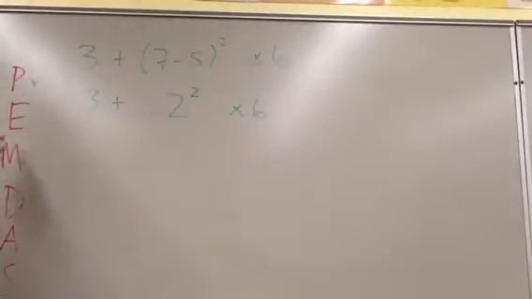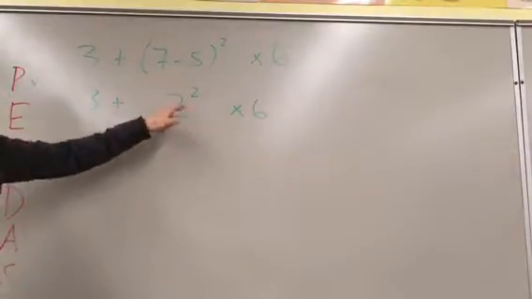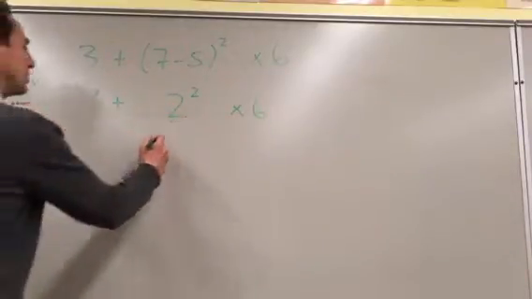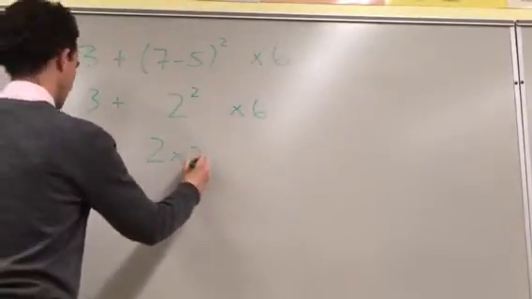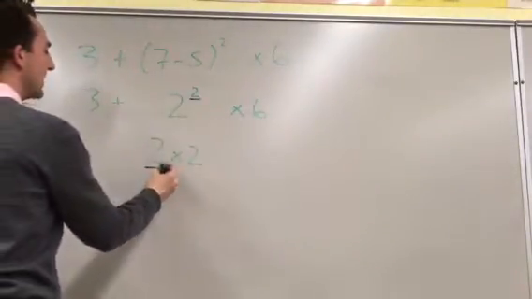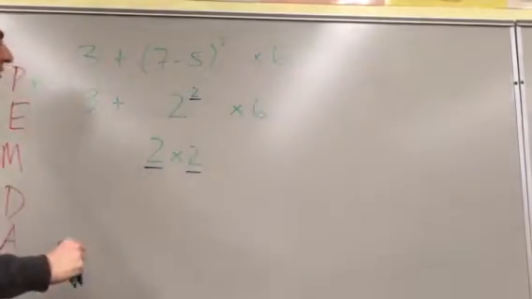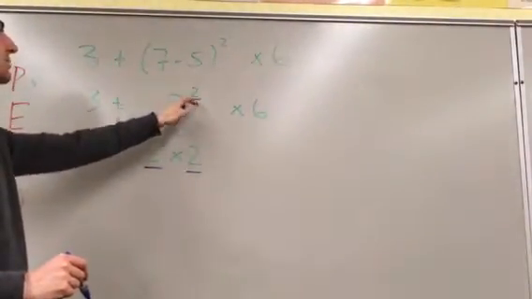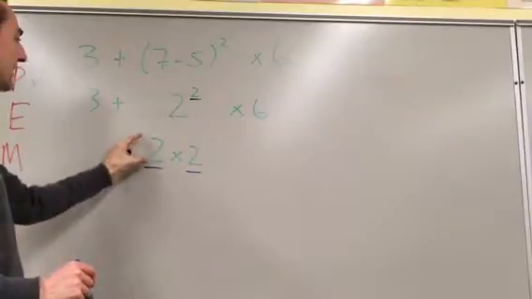Now we look for E, are there any exponents? Yes, there is an exponent here. We see that this is 2 squared, so this is 2 times 2. Be careful here. This 2 tells us how many times we multiply together. Because we're only going to multiply 2 times, this base is here.